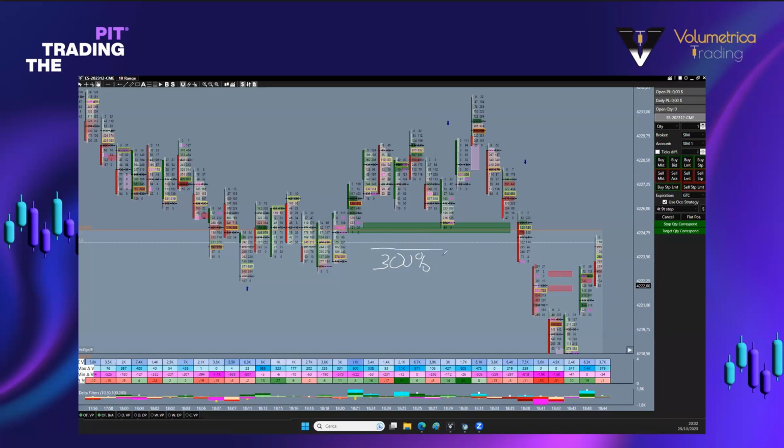Let's say 300% is in the middle. It's not too aggressive, but not too conservative either. It's exactly in the middle.